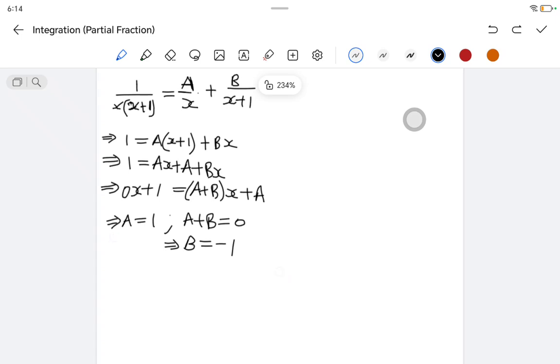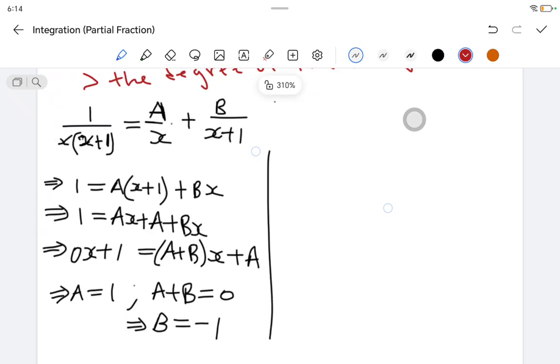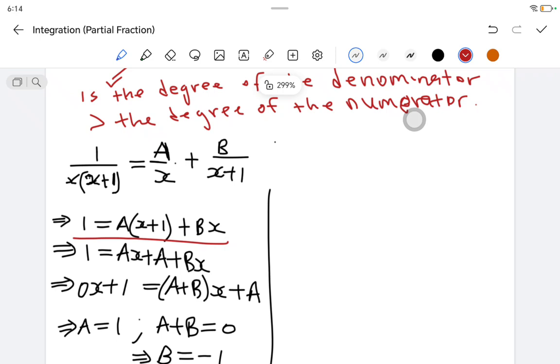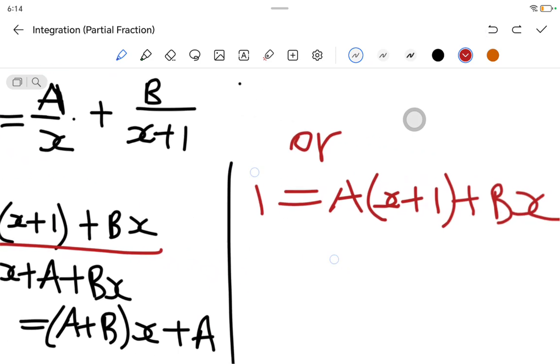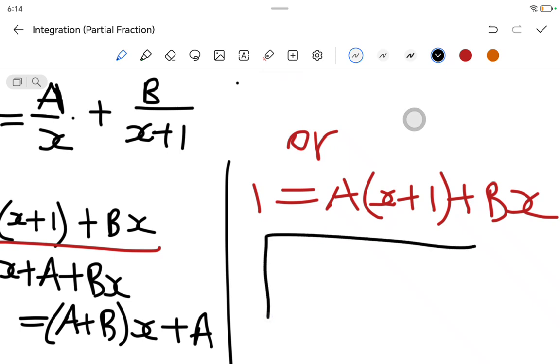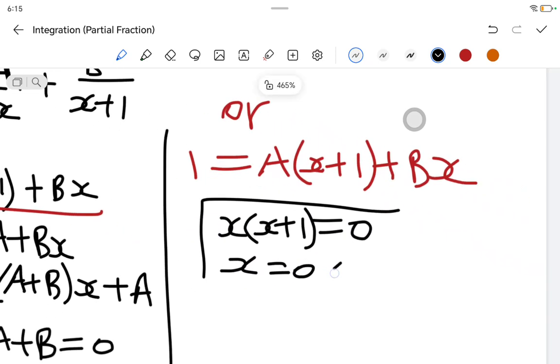Now if I want to use the alternative method, I can say from here, 1 is equal to a(x plus 1) plus bx. Remember, if I take x(x plus 1) and equate it to 0, I'm going to get that x is equal to 0 or x is equal to minus 1.